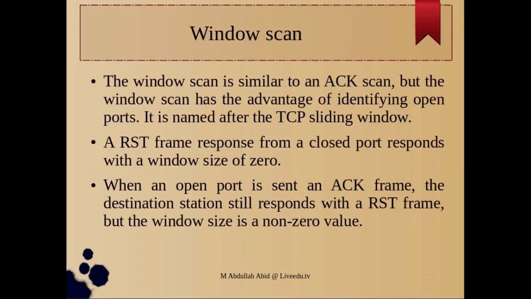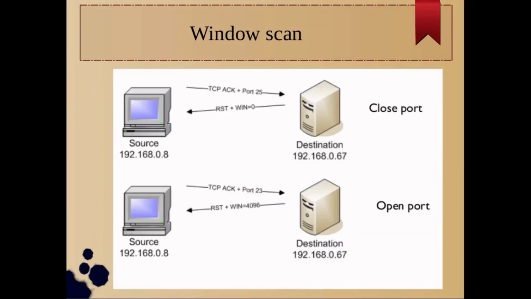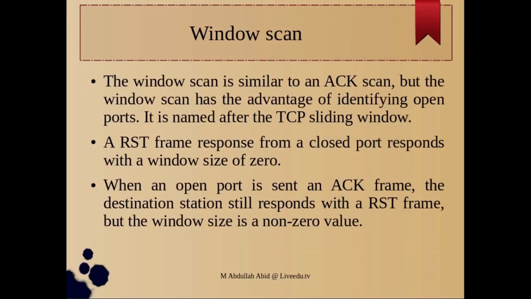Window scan. Window is the size of the number of packets which can be sent. So window size is important in scanning. Window size is usually set during the communication, and it usually changes during the communication.